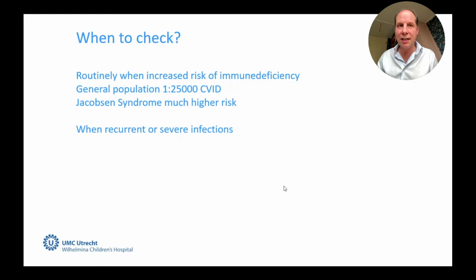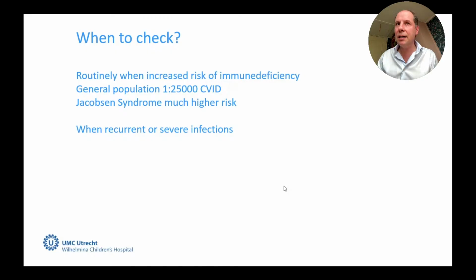So if you look at a country like the Netherlands, there will be 6 children born with CVID each year, and there will be 2 children born with Jacobsen syndrome. So it's rare. Inside the population of people with Jacobsen syndrome, the frequency of antibody deficiency is much higher.